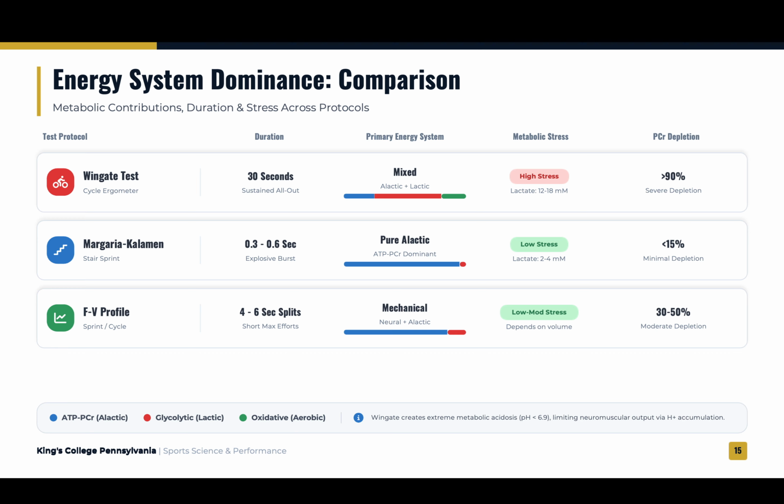The Margaria-Kellman is pure lactic power, with less than 15% depletion of the PCr, ATP-PCr system, and for the force velocity profile the energy system is basically mechanical. So the Wingate test is mixed lactic and alactic, Margaria-Kellman is pure lactic, and force velocity is much more mechanical.